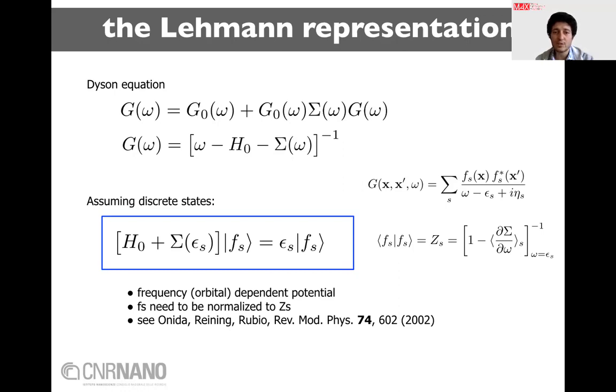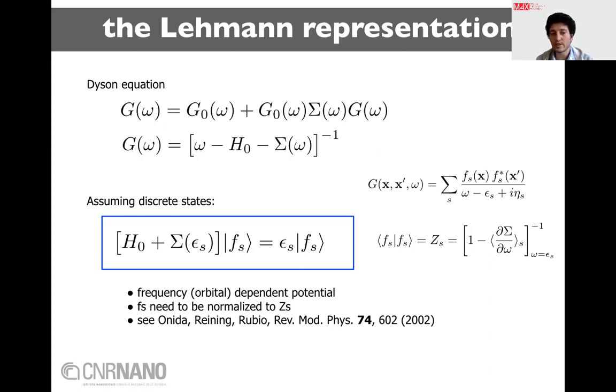And if we put the two together, that is possible when we work with discrete states, the formal solution with the inverse involving the self-energy and the Lehmann representation that we have just seen, we obtain this equation. It's quite famous, where we see that the self-energy basically plays the role of an effective potential that is orbital dependent.